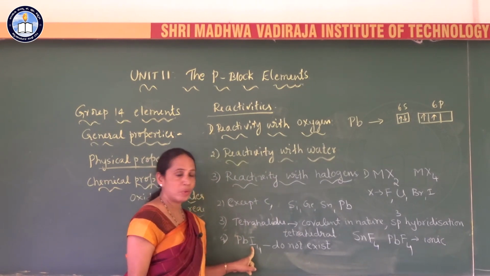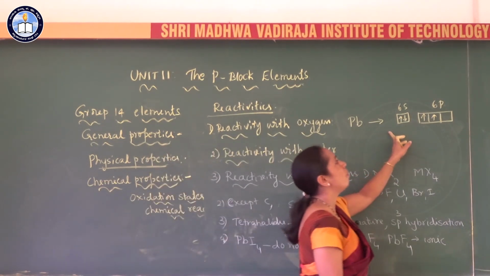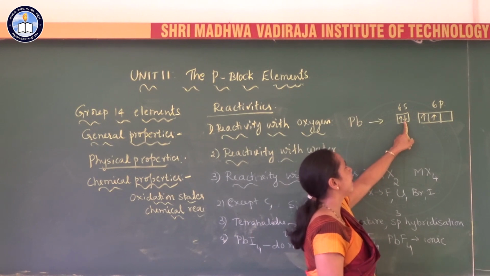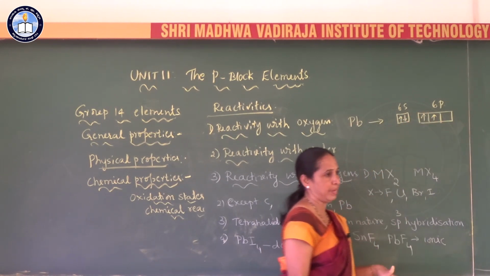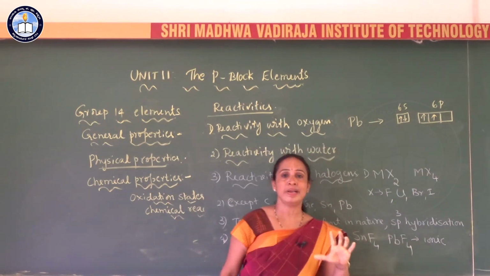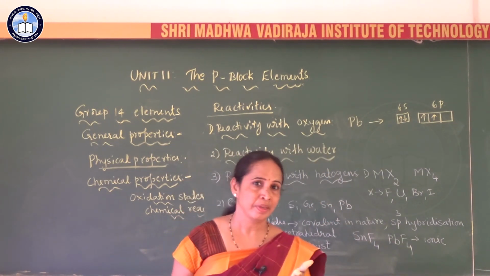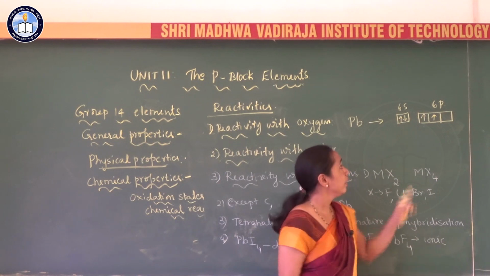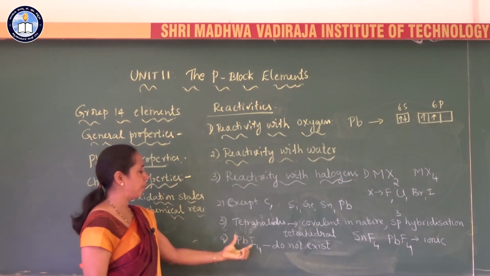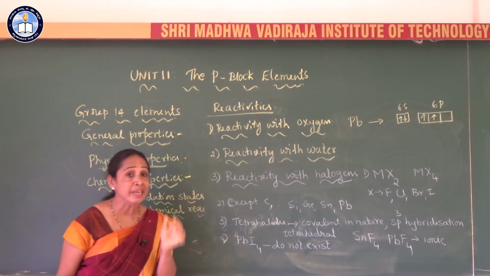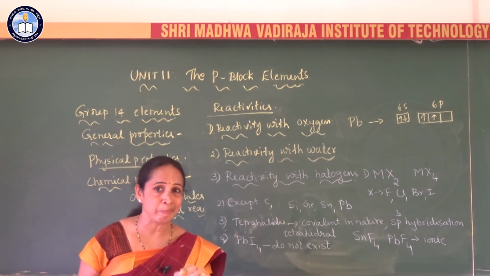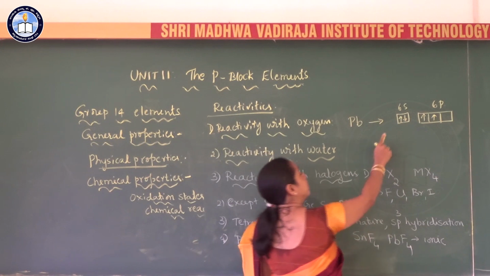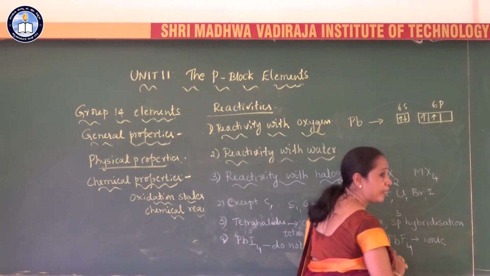In order to form 4 covalent bonds, there should be 4 orbitals with unpaired electrons. So one s electron must be excited to the p orbital, but that needs energy. The energy released on forming the first Pb-I bond is very low and is not sufficient to promote the s electron to the vacant p orbital.